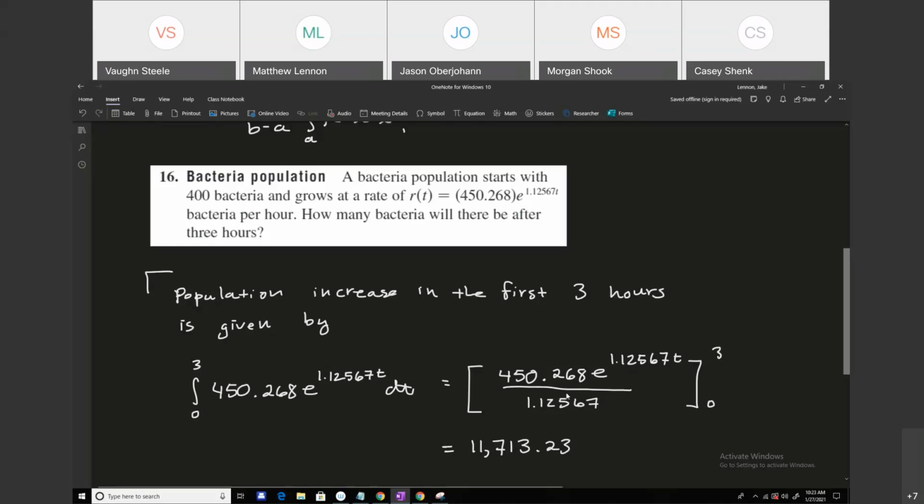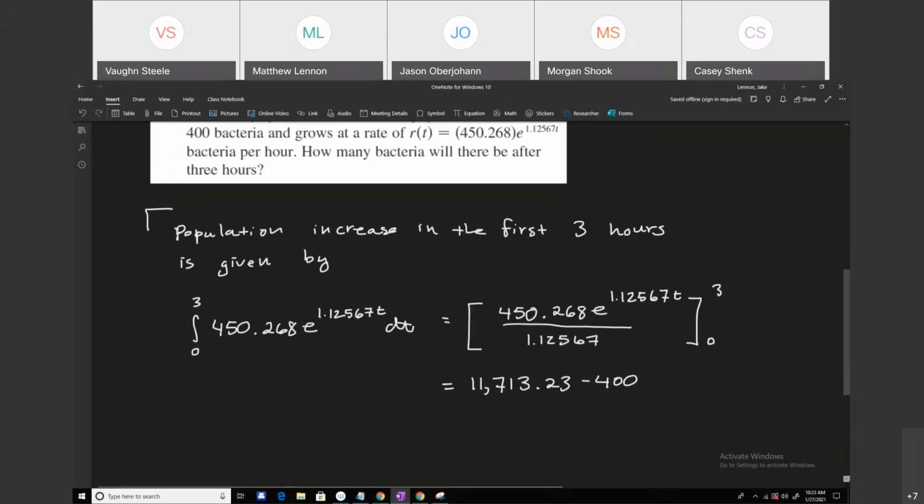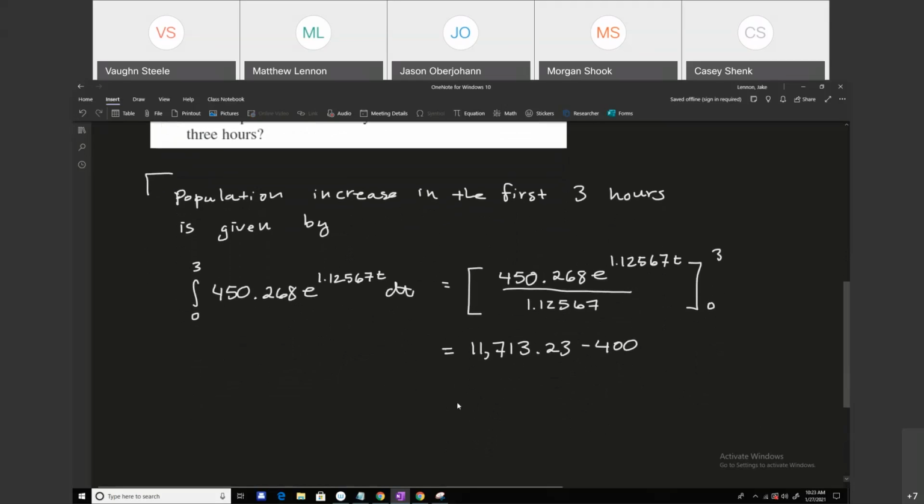So basically what we end up getting there is 11,713.23. That's when you plug in the 3, and then when you plug in 0, you end up getting just 400. And notice that 400 is actually just your initial population. So this is telling us what the population increase is, which is 11,313.23.